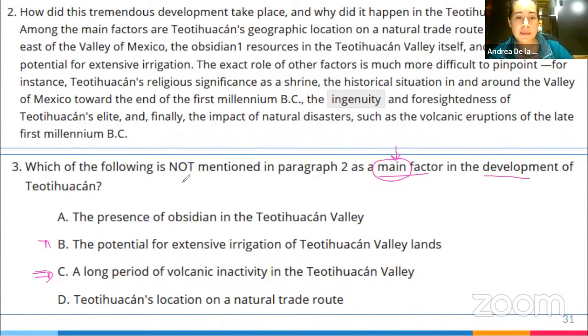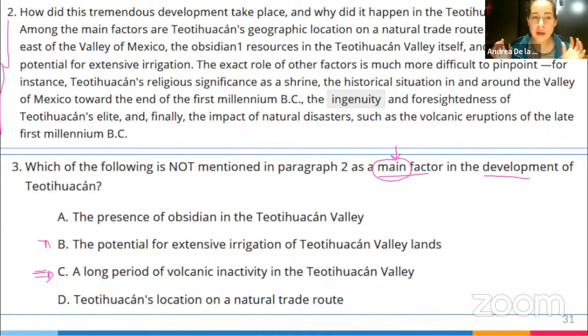Because, for example, sometimes they ask something like, what is something that Teotihuacan's people always did? And in the paragraph, you have something that Teotihuacan's people sometimes did, right? So if you don't pay attention to those modifiers, always versus sometimes, you're going to make mistakes.